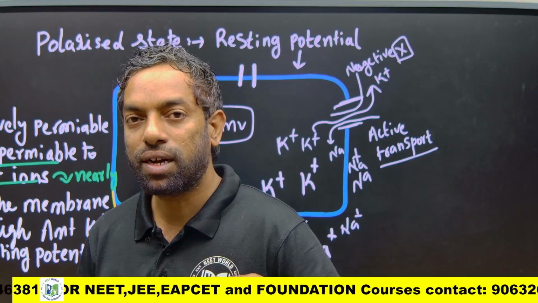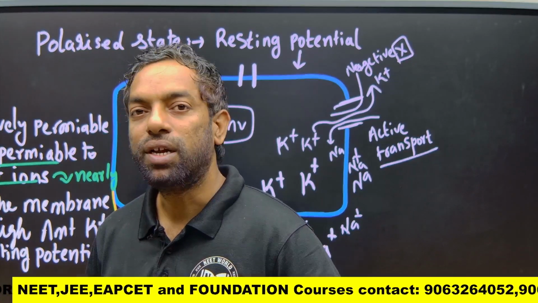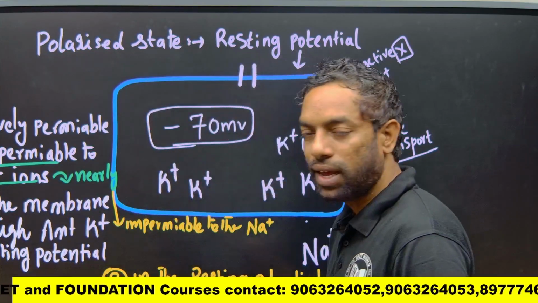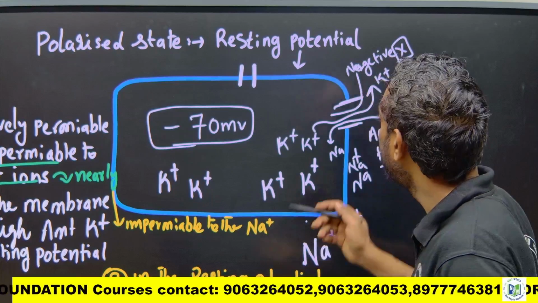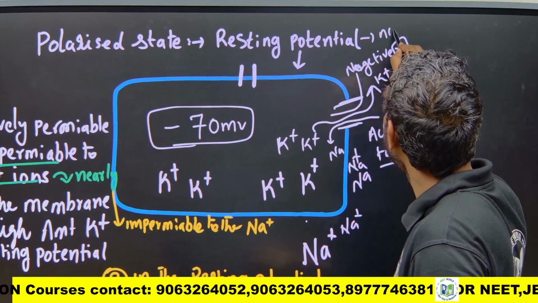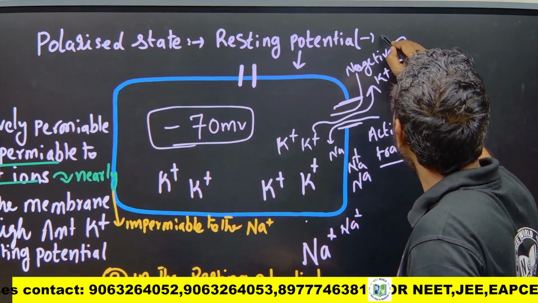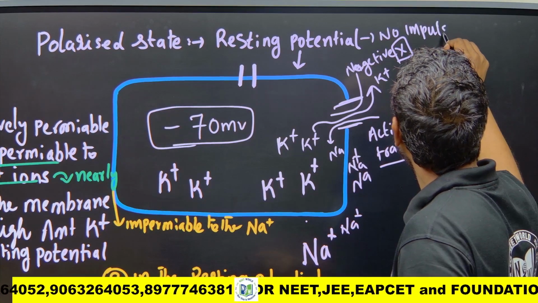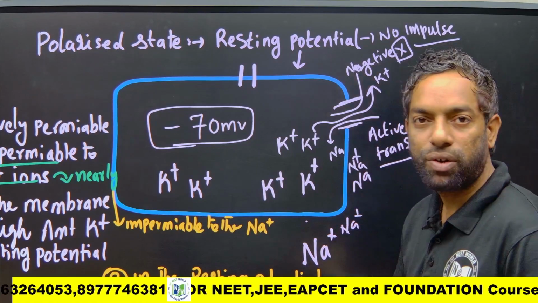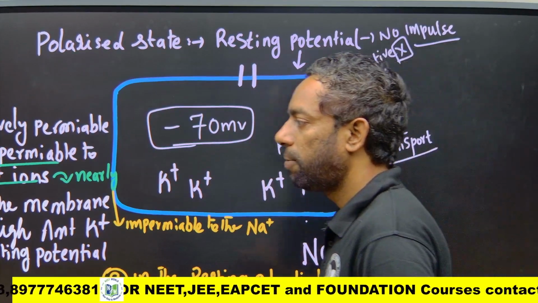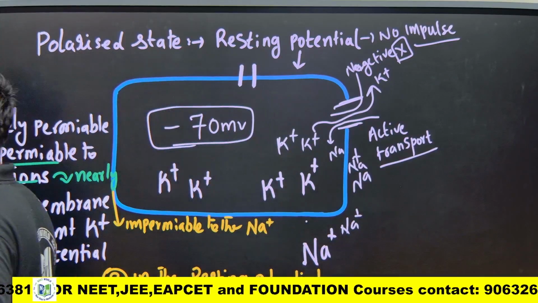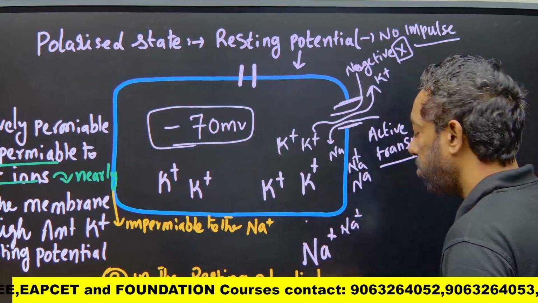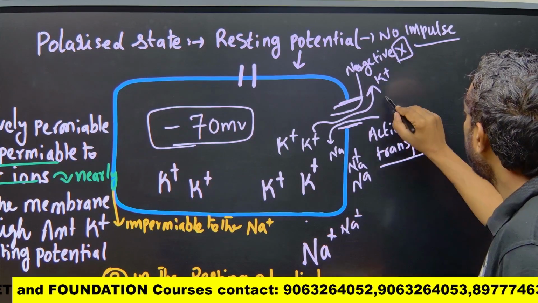That is the reason for the huge negativity in the polarized state during the resting potential, where there is no conduction of impulse. This is the scenario where nerve conduction and impulses start. This is the leakage gated channel.